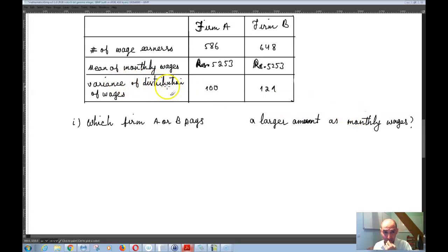So basically, I think the only way to calculate this, of course, is that there would be no definitive answer, but you could say with some certainty, because you can see that the mean is the same, and that the variance of the distribution is 100 and 121.